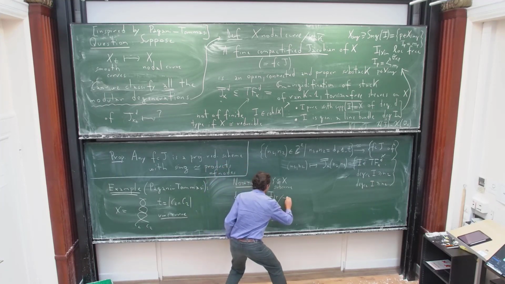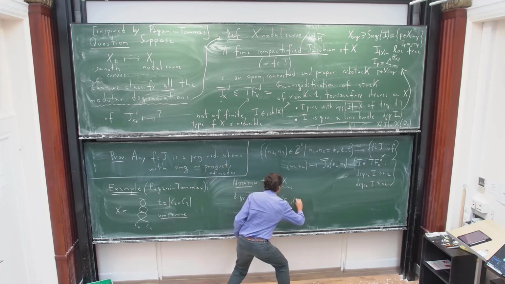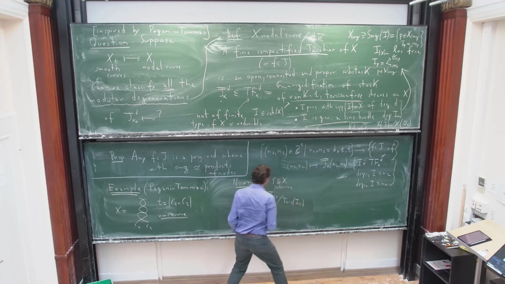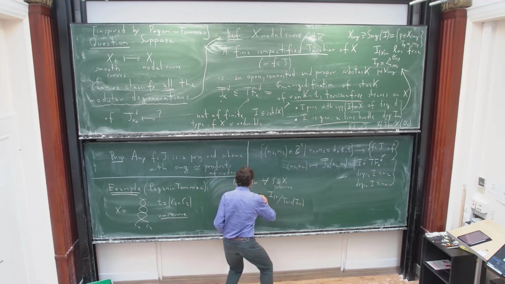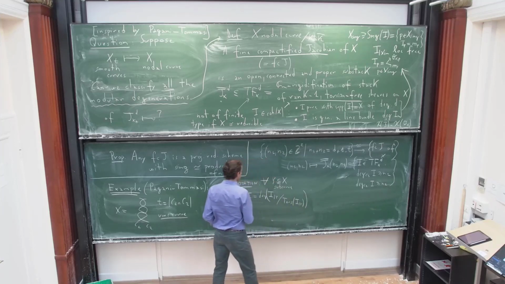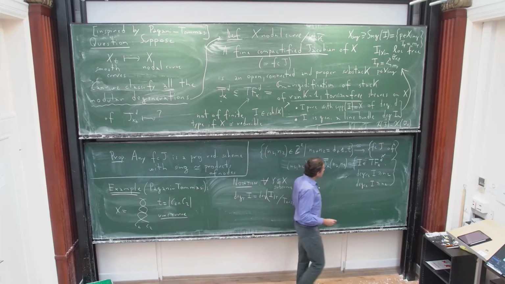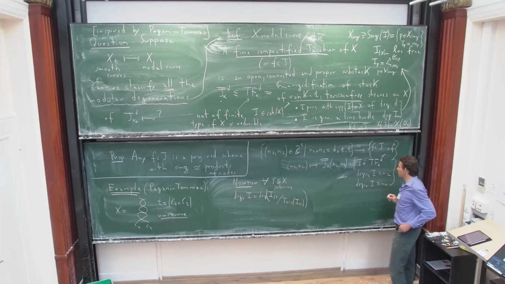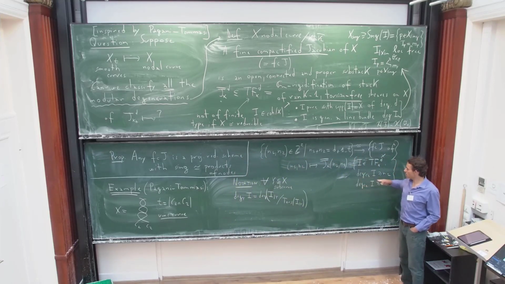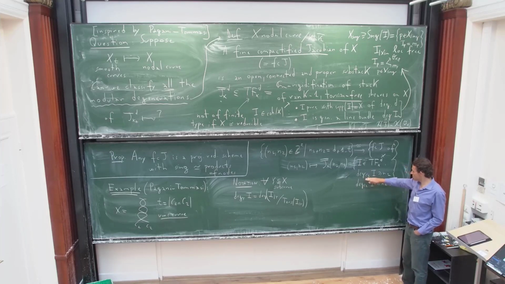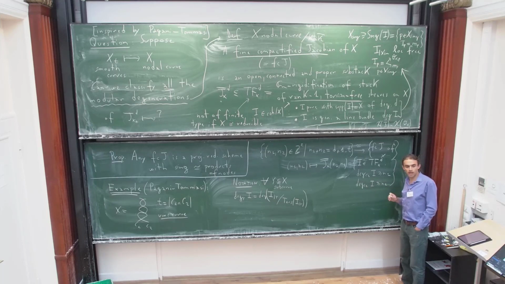You remove the torsion, then you get a rank 1 torsion-free sheaf on Y, and you take its degree. That's the definition of this degree. So you are looking at all sheaves such that the degree on C1 is greater or equal than N1, and the degree on C2 is greater or equal than N2.